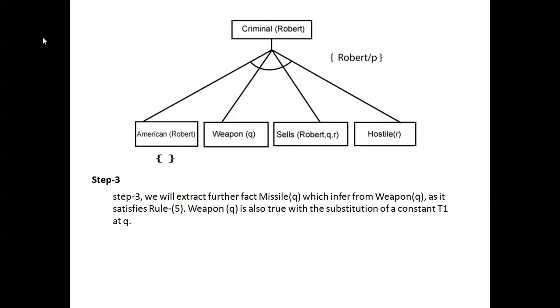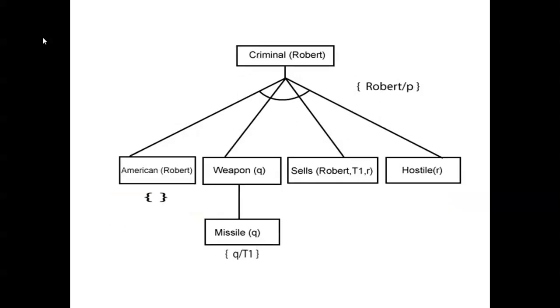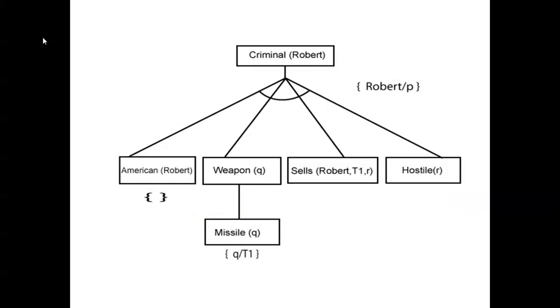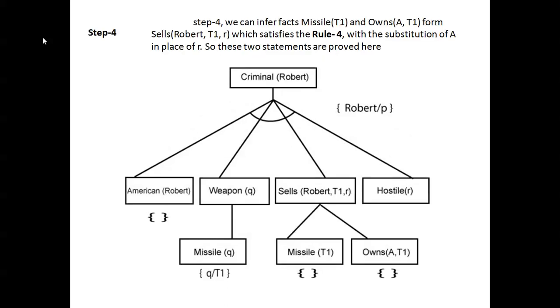Step 3: missile Q infers weapon Q as it satisfies rule 5. Then weapon Q is also true with the substitution of constant T1 at Q. Compare the diagram to the previous one: they just added missile Q and T1 under the weapon of criminal Robert.